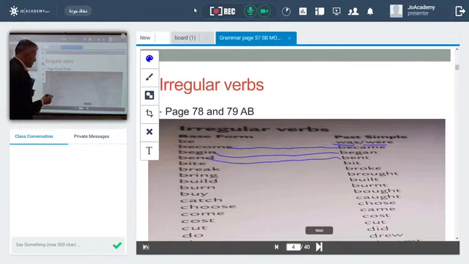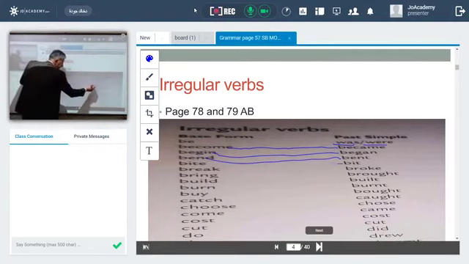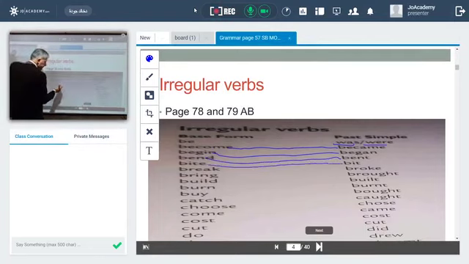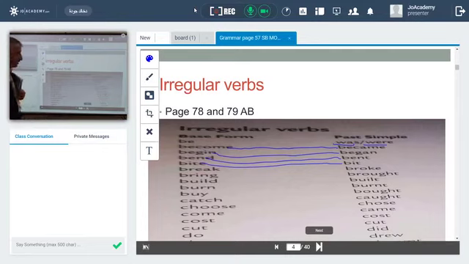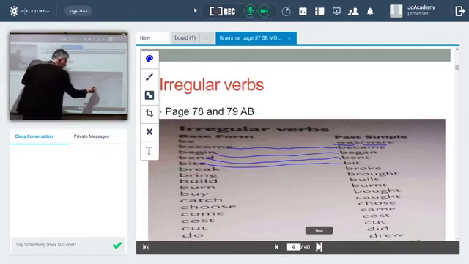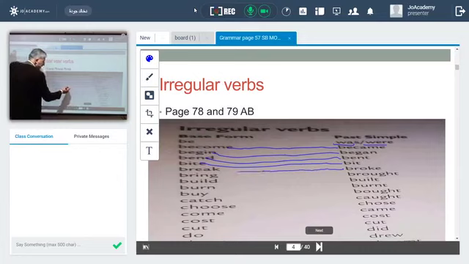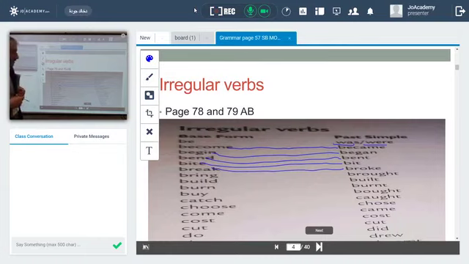Bite bit. Okay. Break: if you break something, you break the glass or you break the window, the past is broke. I broke my hand. Okay? Bring: if you bring something, I bring the food or I bring water, the past is brought.